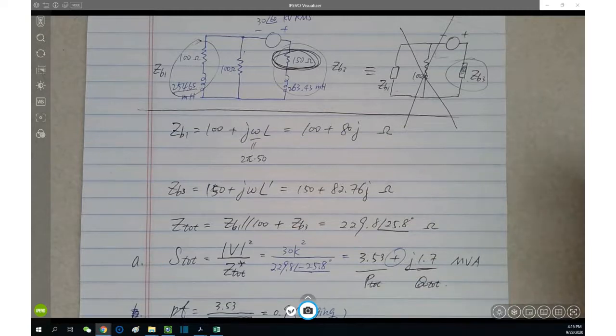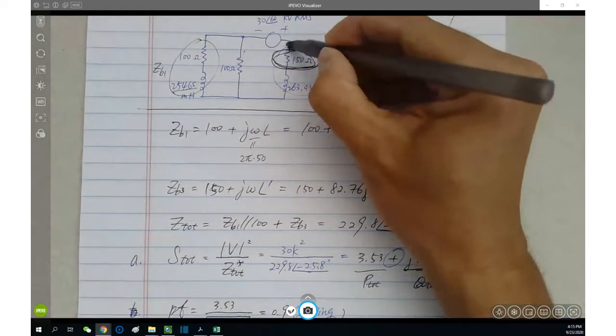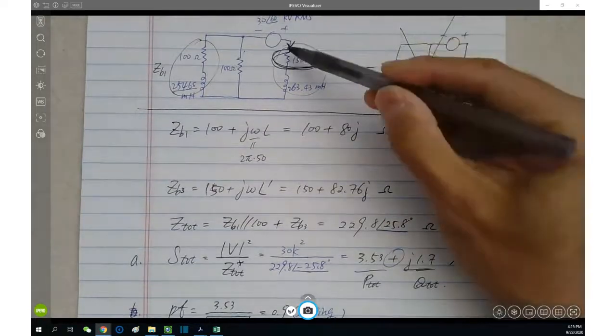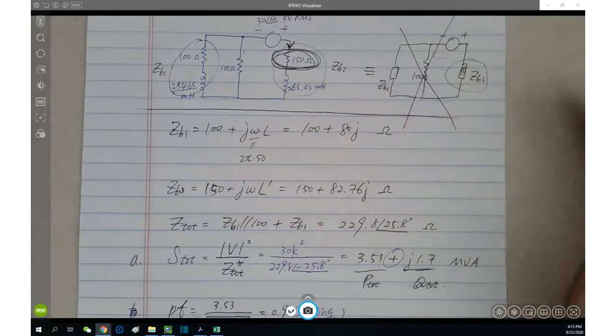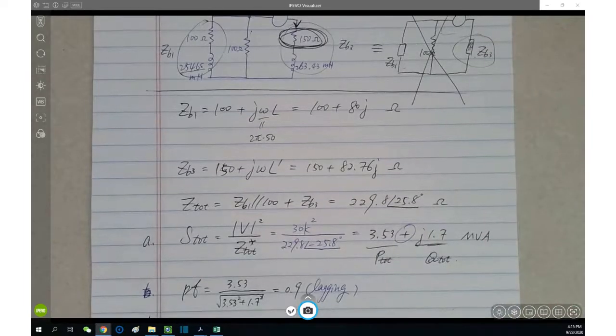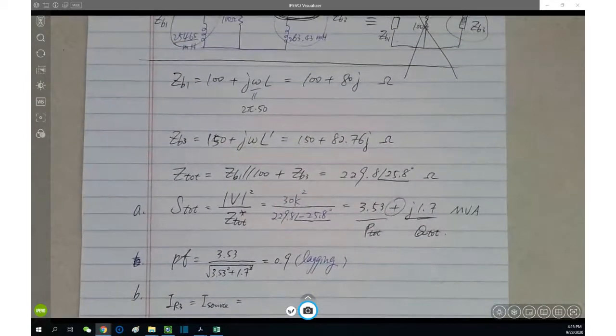Now, how to find the current through this guy? Obviously, you need to find the current through this guy rather than the current anywhere else, right? So what is the current through this R3? What is it? Nothing but the source current, right? R3's current just equals the source current.